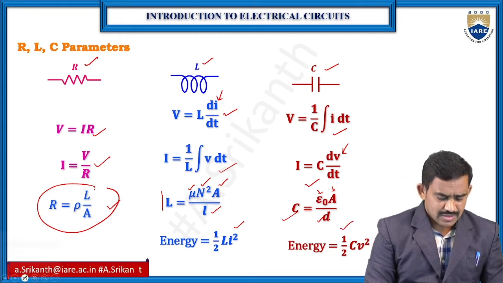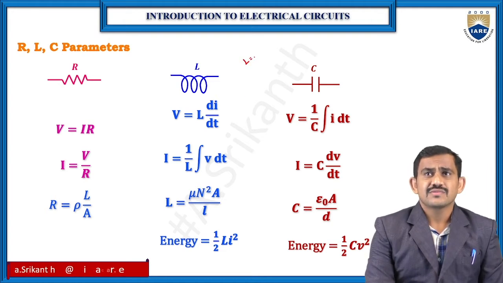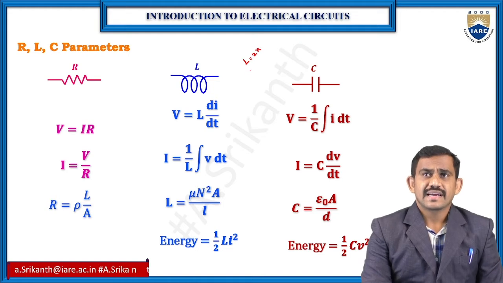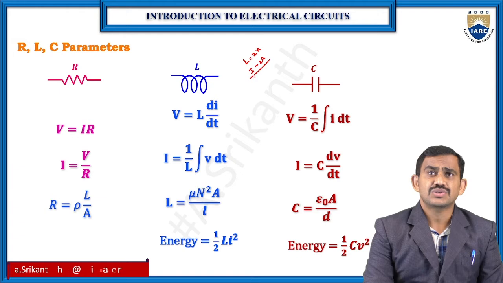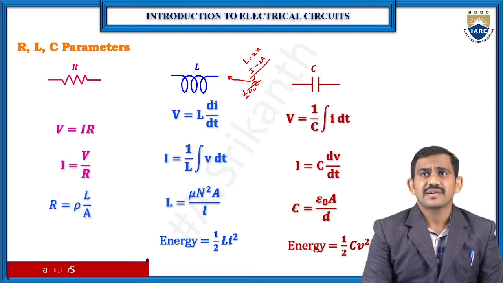Suppose I have an L value of 2 henry and a current of 2 amps, and I want to find the energy stored in the inductor. Then use the 1 by 2 L i square formula and get the answer.